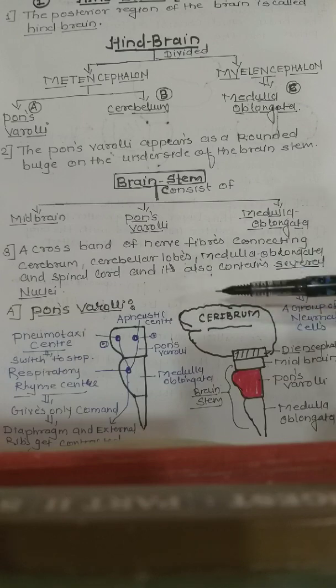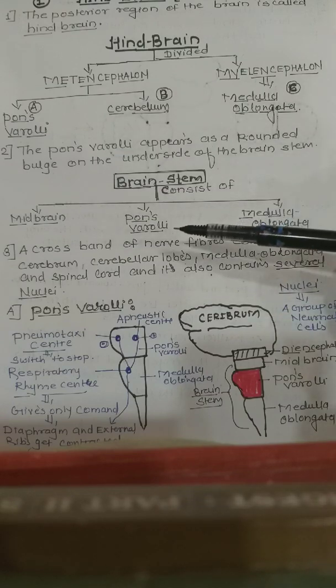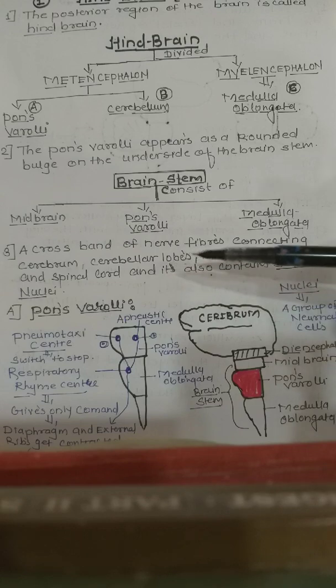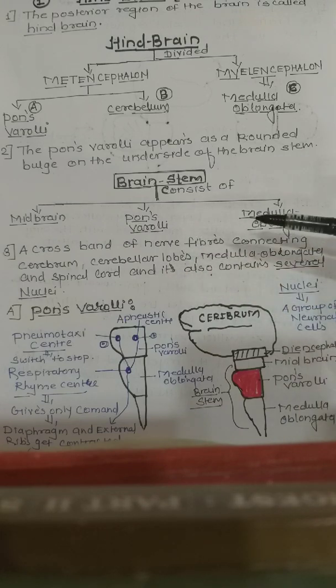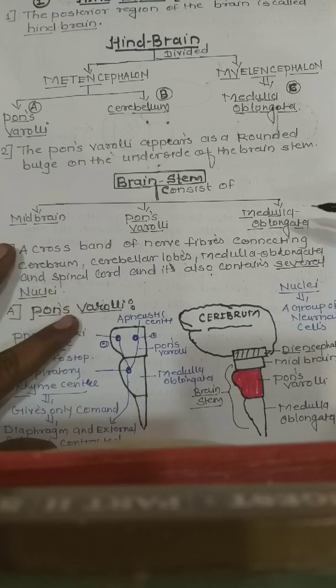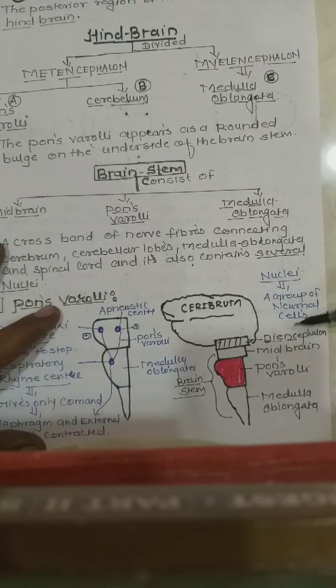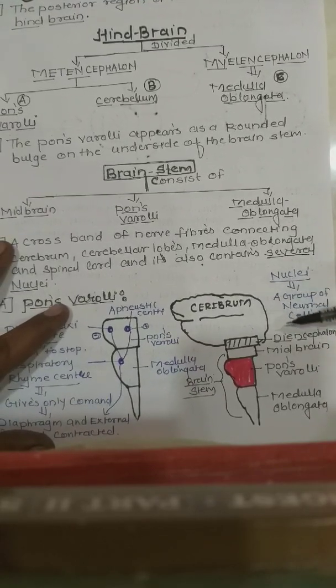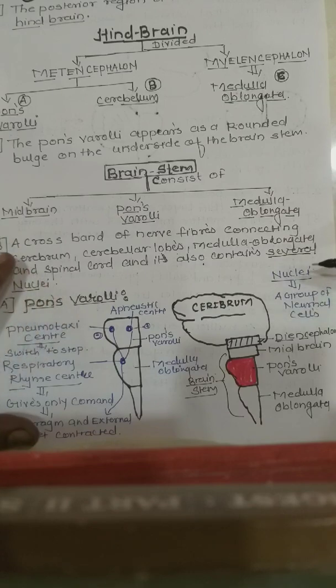These nerve fibers help in the connection of all these parts of the brain. Nuclei means a group of neuronal cells, as we discussed in the last lecture on the cerebrum also.